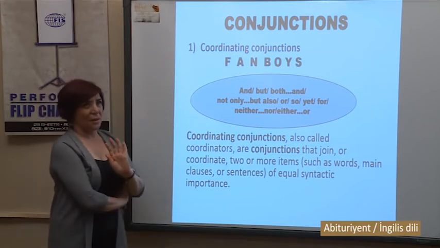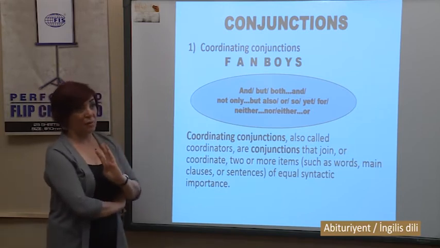I know that you have to remember too many things, and if it is difficult for you to remember, but if you remember the acronym, you will not confuse coordinating conjunctions and subordinating conjunctions.